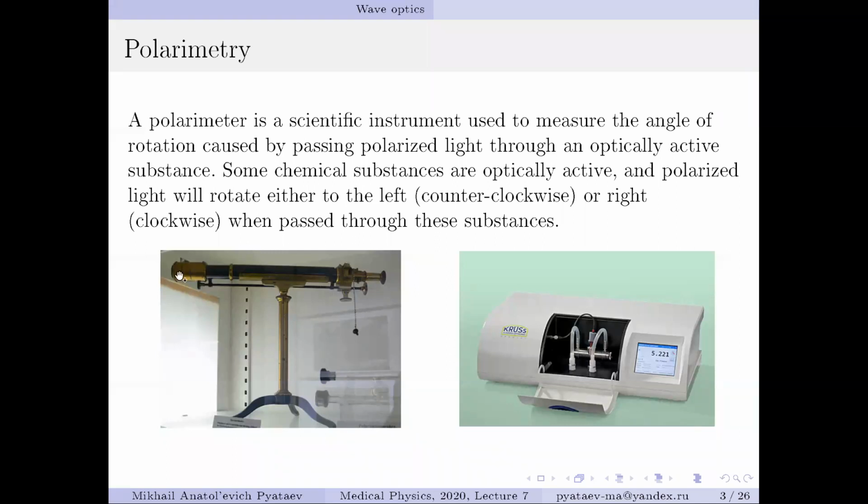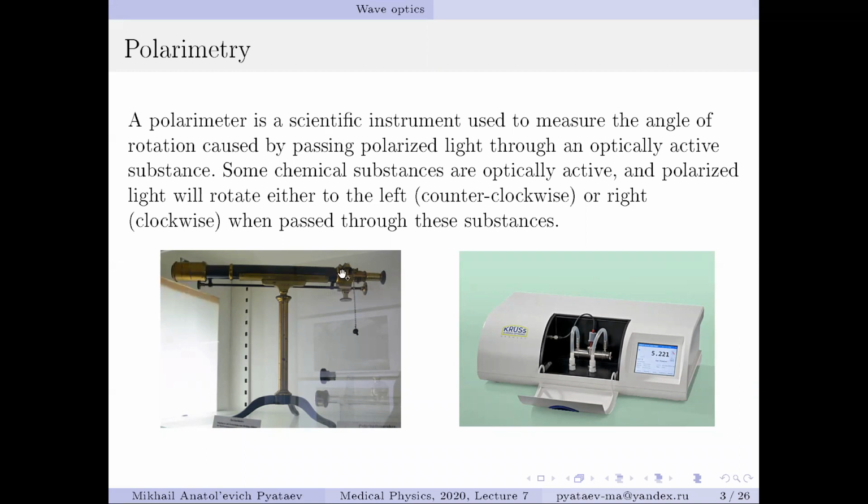And when light goes through this long tube, its polarization axis is rotated. And the angle of rotation depends on the length of the tube. That's why we need a long tube. It depends also on the concentration of sugar.